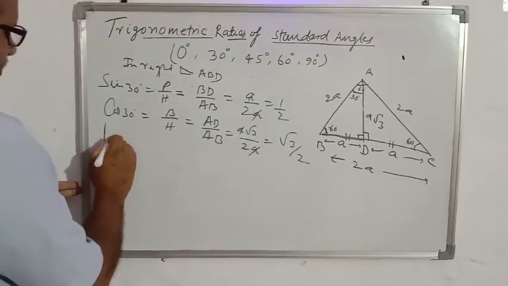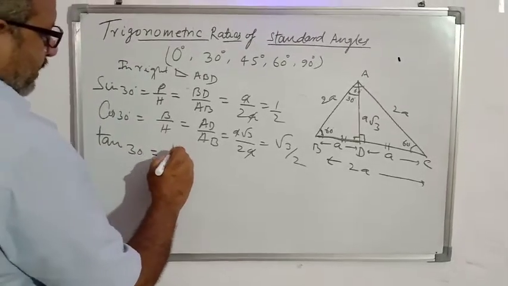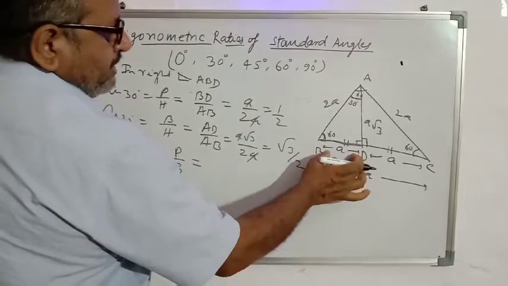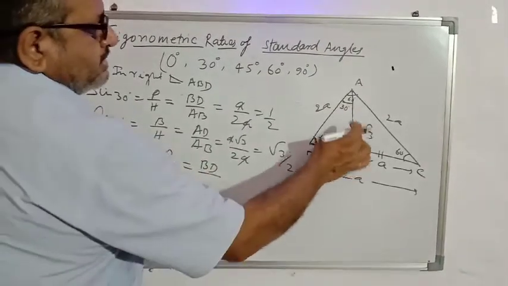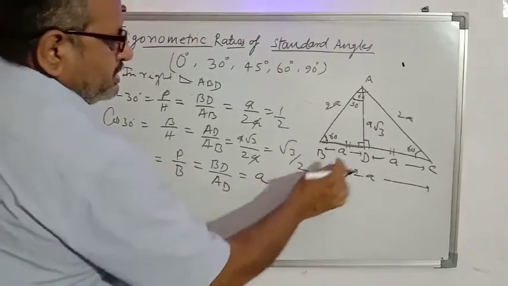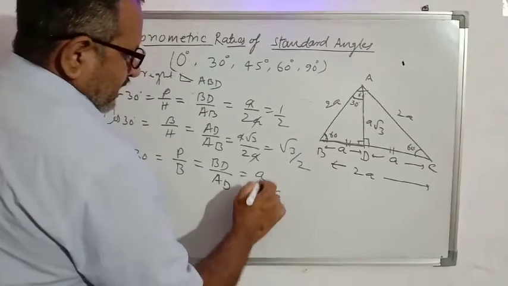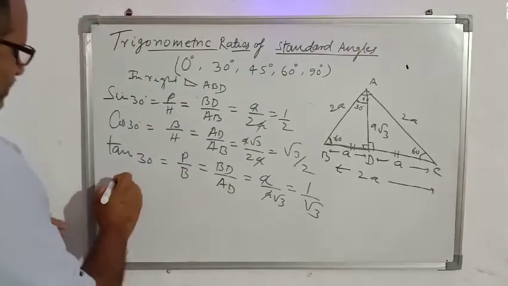Similarly tan 30 is perpendicular by base. BD is the perpendicular and base is AD. BD value is A, AD is A root 3. A cancels with A, so it is 1 by root 3.